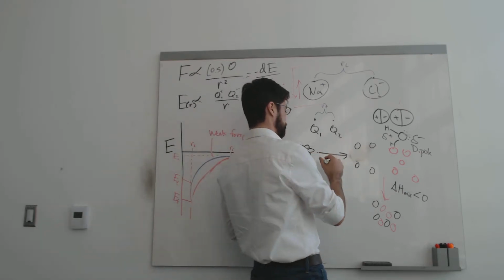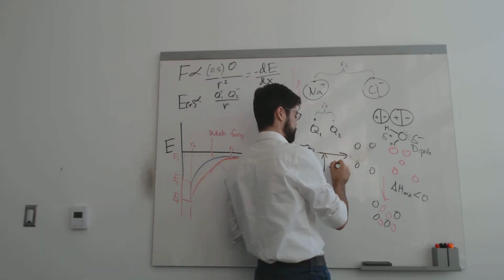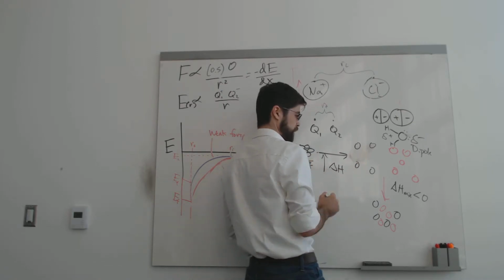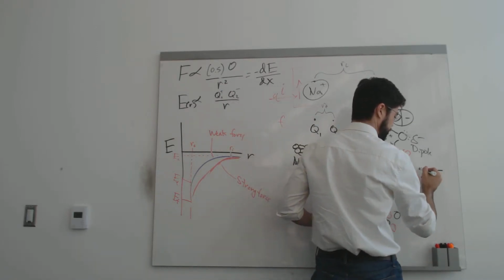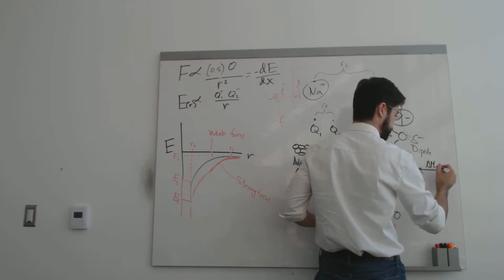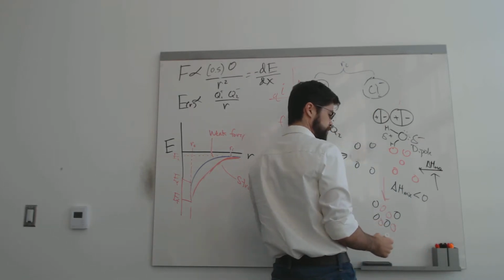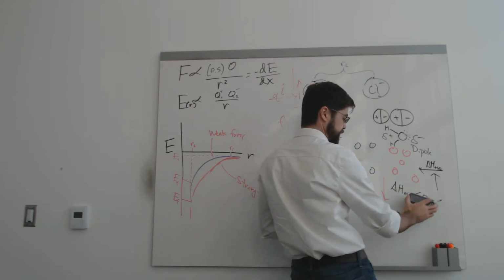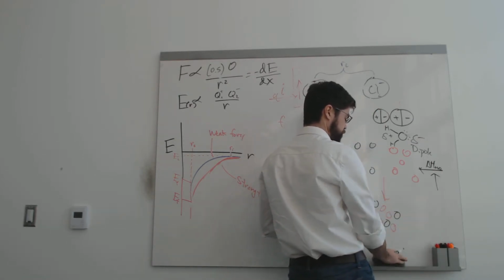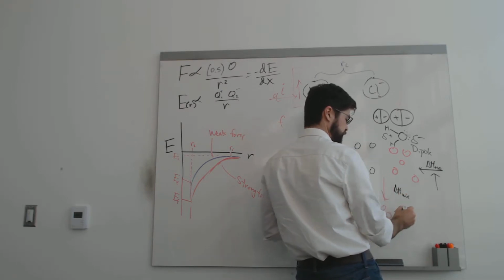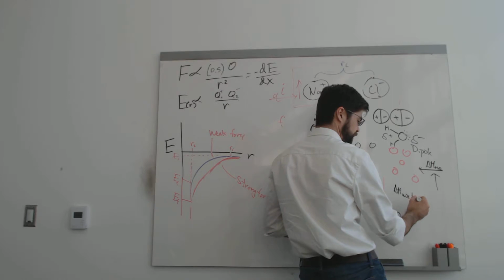This term is going to be really, really large, and it's a step up in energy to separate oils. To separate the water, that's also going to be a step up in energy. And to bring them together, there's no force of interaction between them. So the delta H of mixing technically should be negative, but it's very, very small.